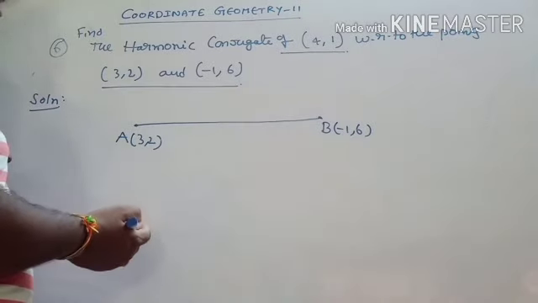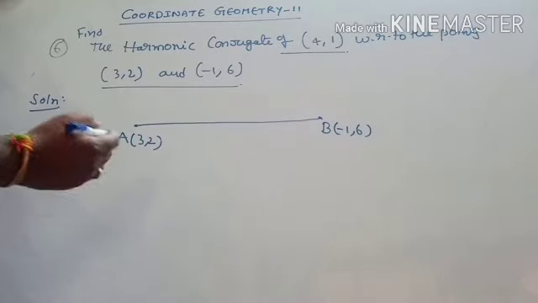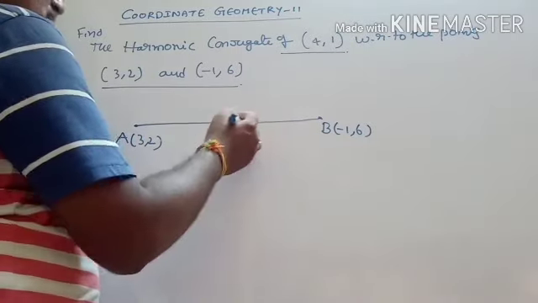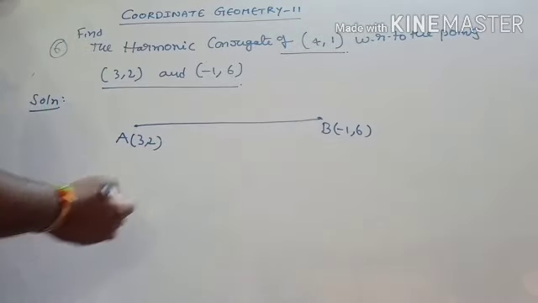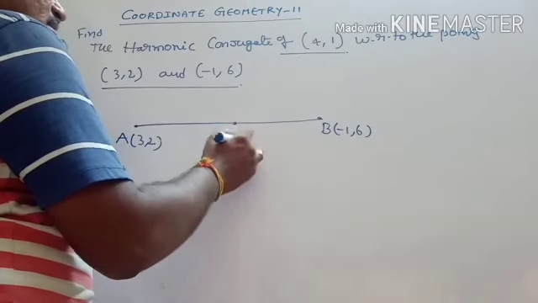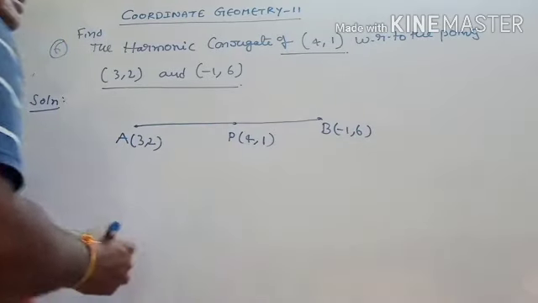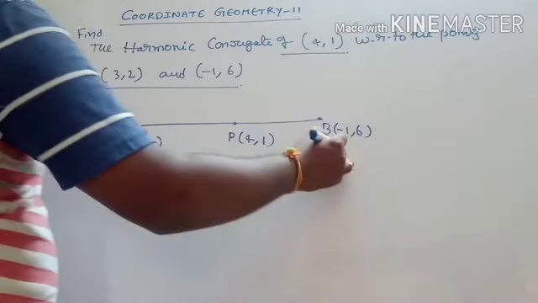Fine here. That means if I take the point, what it is dividing is, we don't know, right? Suppose we take that as P (4, 1). Now this is x1, y1, and this is x2, y2.